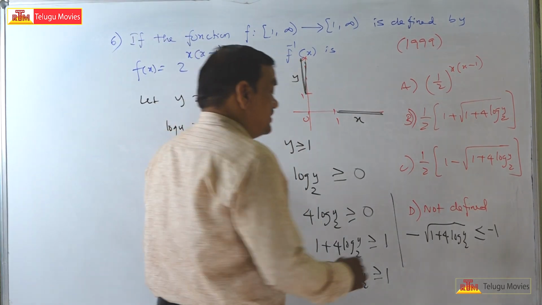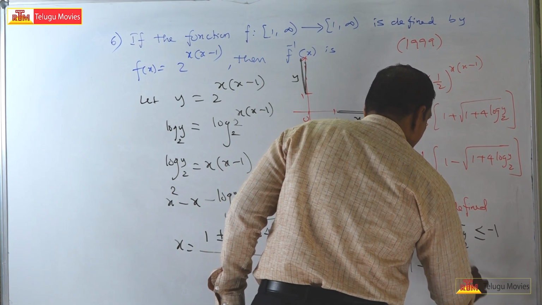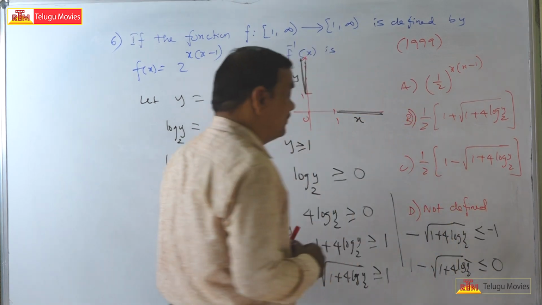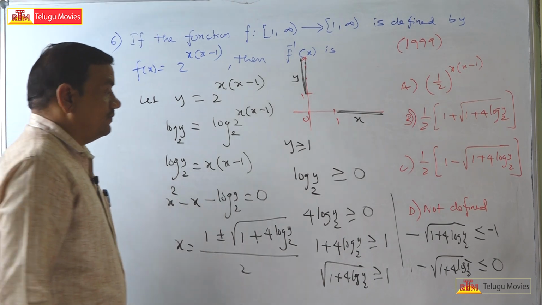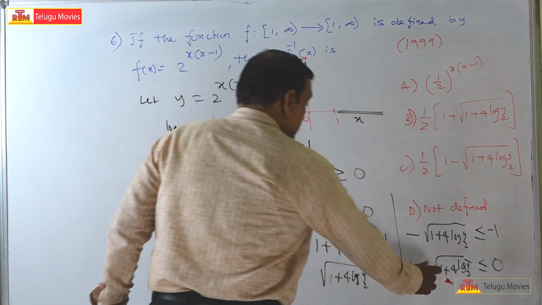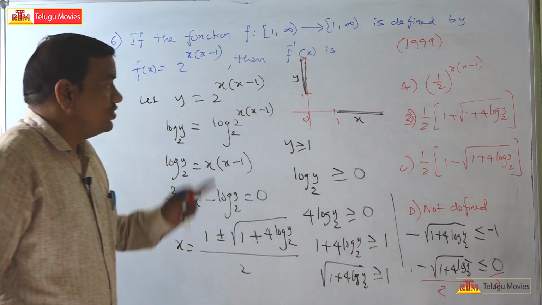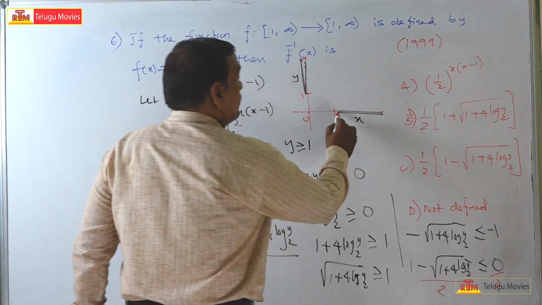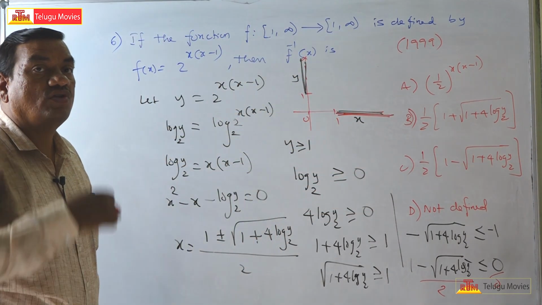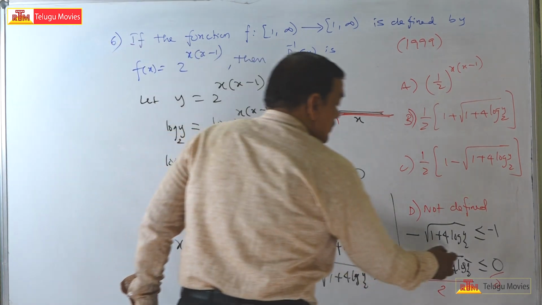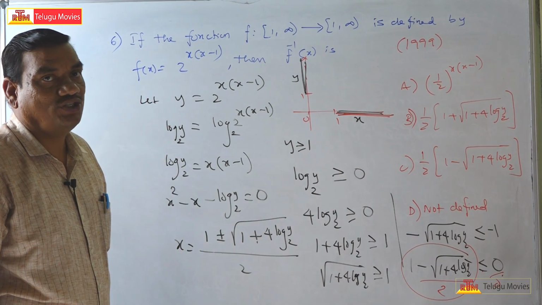Adding 1 on both sides, 1 minus root of 1 plus 4 log y to the base 2 is less than or equal to 0. So, this x value should be 1 or more than 1, but here you are getting less than or equal to 0.